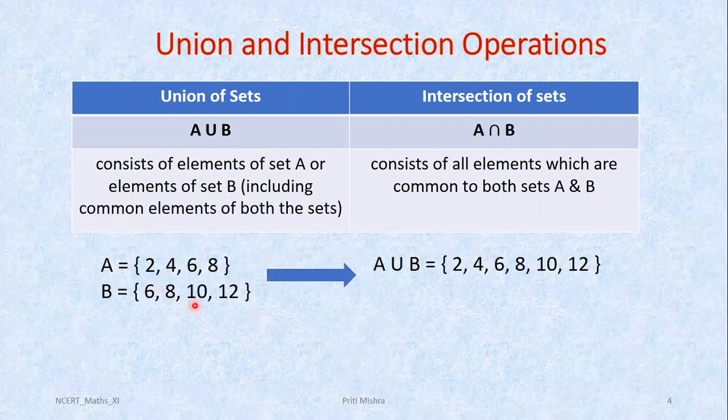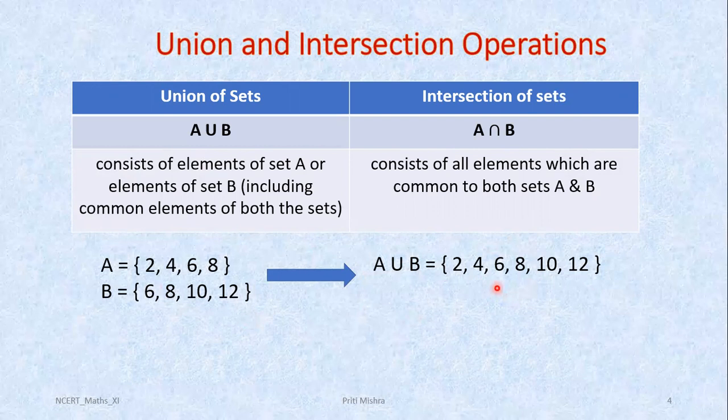So 10 and 12 we have to write here as other elements of set A union B. So this is the A union B, where we are having elements of set A, elements of set B, as well as all the common elements, right?